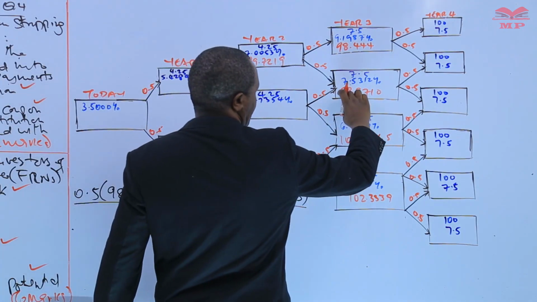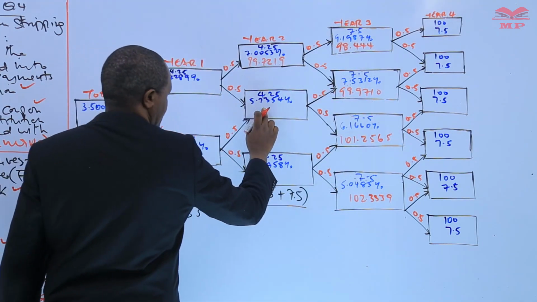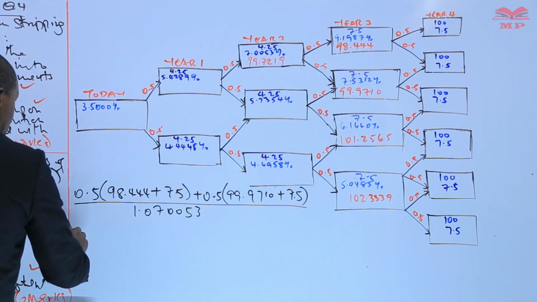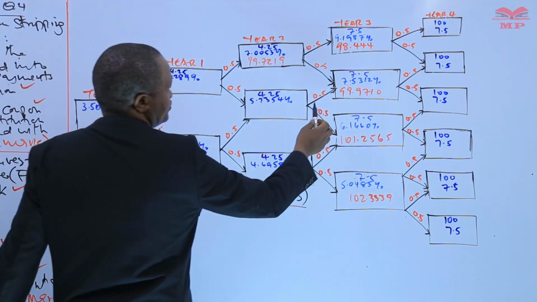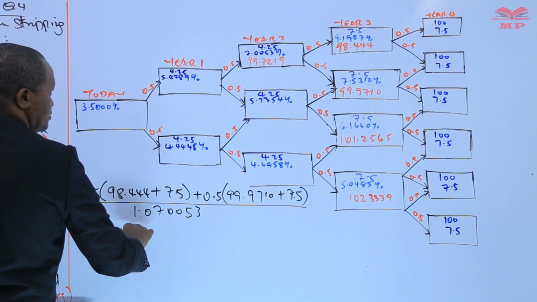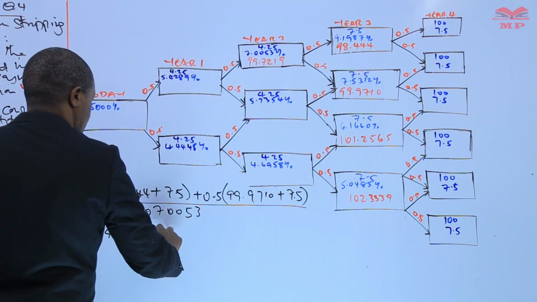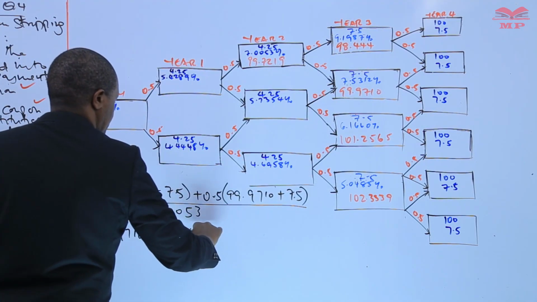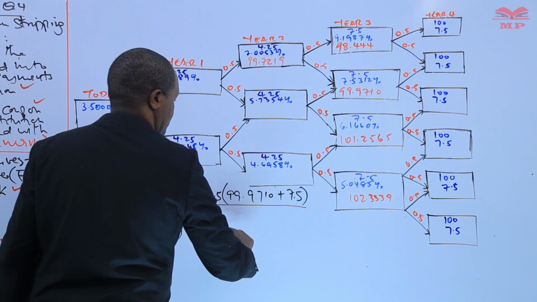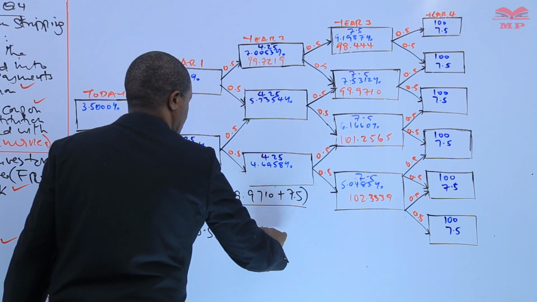We are now going to sum these two nodes. The present value, we write it under this node, and that will be equal to 0.5 into 99.9710 plus 7.5 plus 0.5 into 101. 101 is the discounted figure from year 5, 25, 65 plus 7.5.